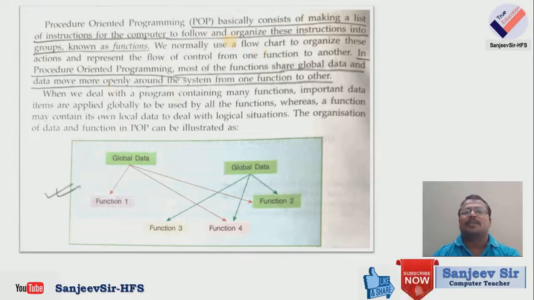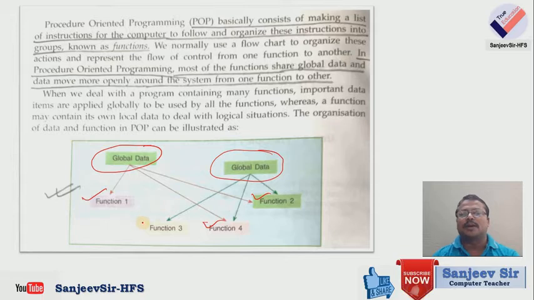Computers organize these instructions into what are known as functions. That means when we write a list of instructions together with one name, that is known as a function. And global data can be accessed by function 1, function 4, function 2, and this other global data can also be accessed by another function.